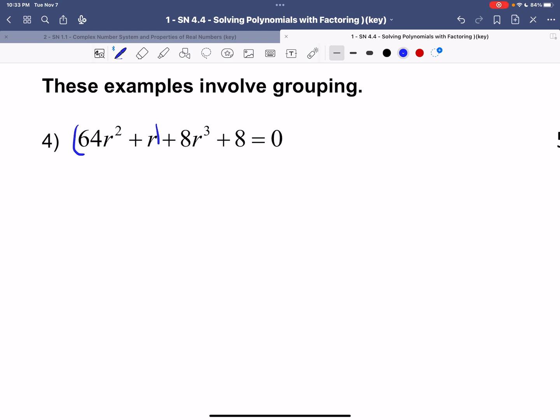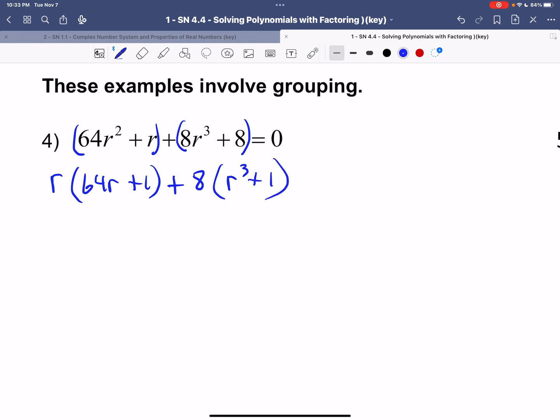So if we don't rearrange and we group like this, okay, this first one, I'm going to take out an R, and I am left with 64R plus 1. And on this one, I'm going to take out an 8, and I'm left with R cubed plus 1.